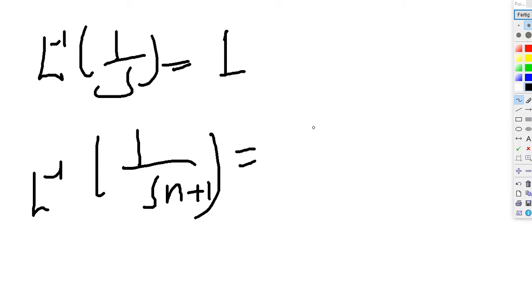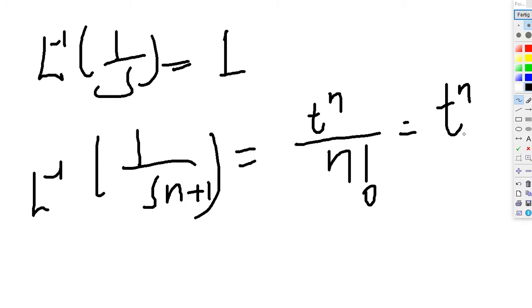It is t to the power n divided by n factorial, which you can also write with the gamma function, gamma of n plus 1. This one is formula 1, and this one is formula 2. This is a very, very important formula.